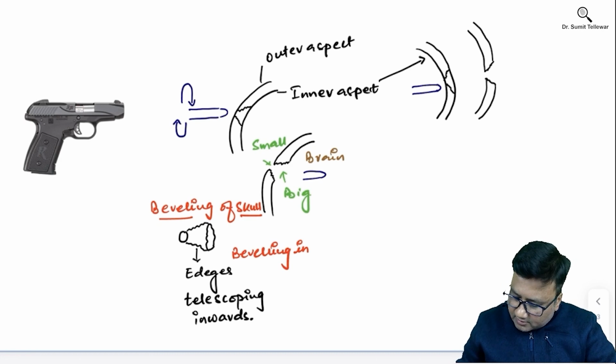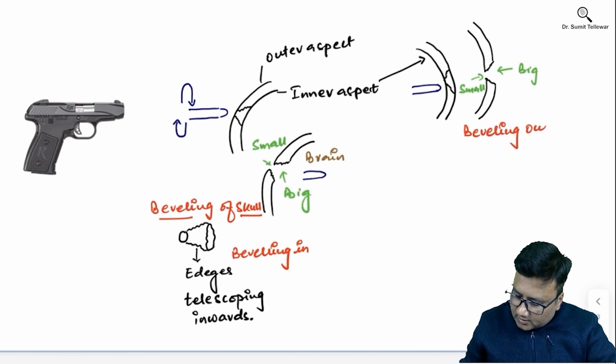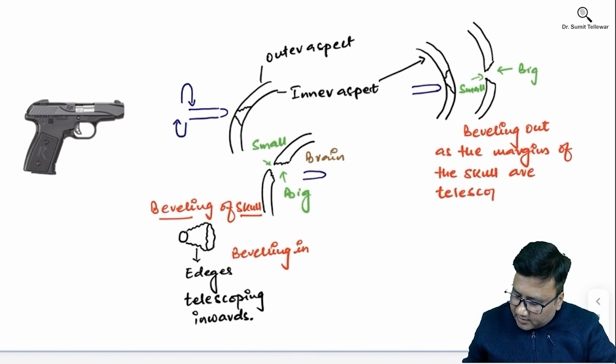So here we see a small opening inside and a bigger opening outside, right? This concept is called beveling out, as the margins of the skull are telescoping outwards.